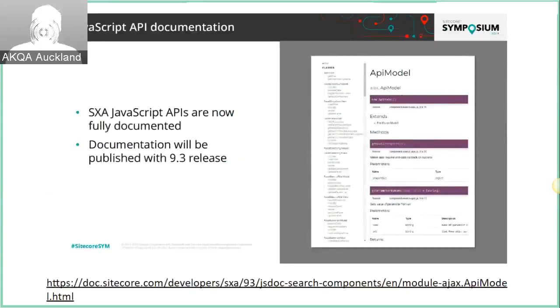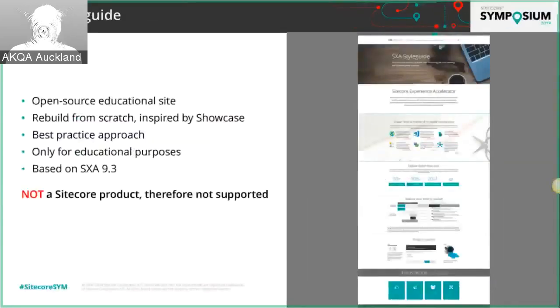Another one is this, they just released it already. JavaScript API documentation. Previously we had to dig into the code to see what is happening, but now each and every JavaScript API is documented. It is good. Yeah, this one I have not seen released yet, but this is one thing they were showing, just an educational site.